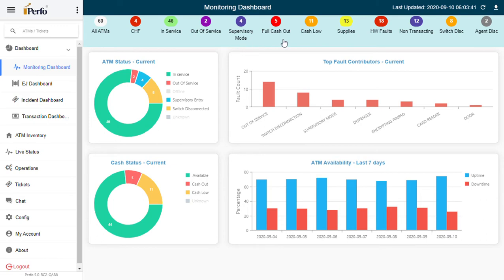It also shows you cash out and cash low conditions in your ATM network. Then you have supplies problems, supplies in the sense journal printer and receipt printer paper errors or paper low errors. Okay, then there is the hardware faults category, then non-transacting ATMs.